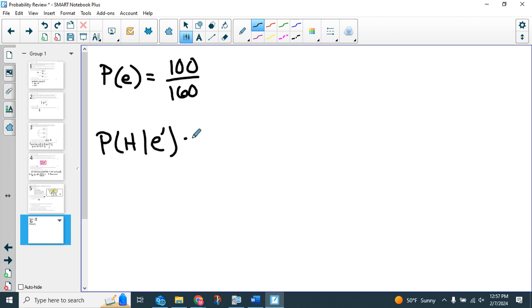When we do conditional probability like this, the given condition is what's going to be on the bottom. So we need to find the number of students that did not use an e-textbook, and then of those students, we take the ones that did use a hardcover.